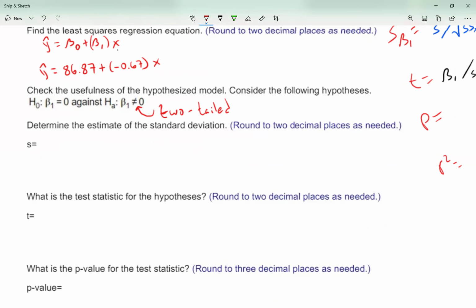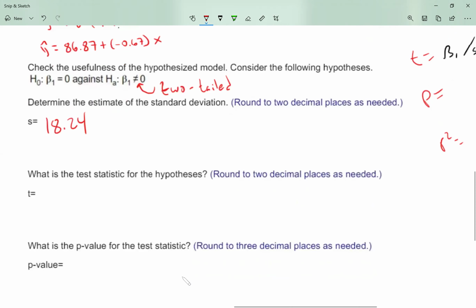Now determine the standard deviation, or S. We found that from our table. If we go for S, we're going to find that it's 18.24. So let me write 18.24. We have that already.